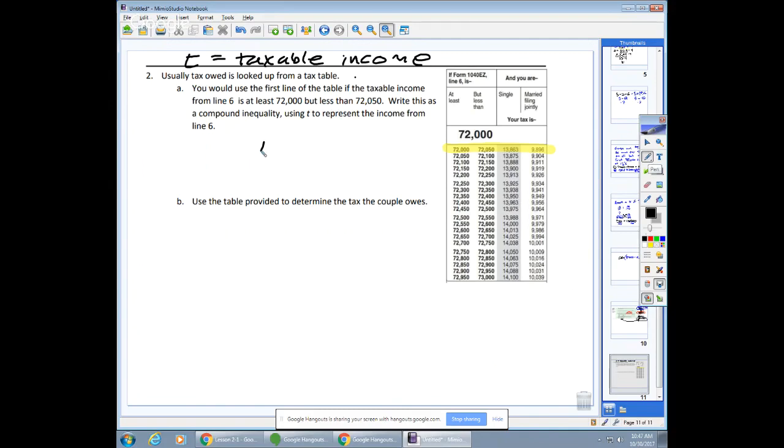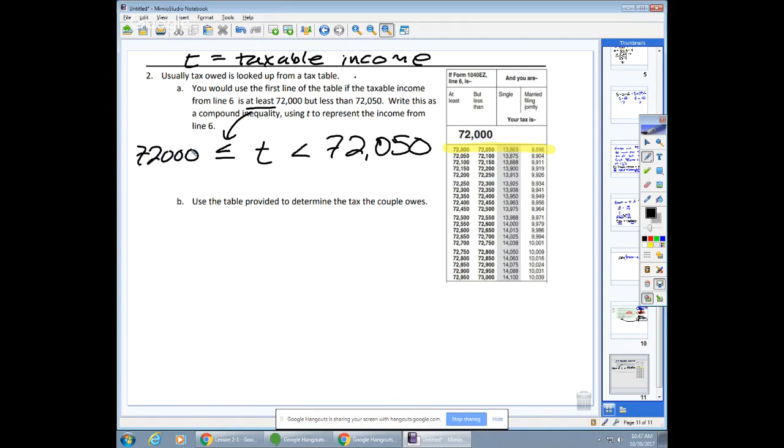We can use that top line if T is less than 72,050, but greater than or equal to, which is how you interpret at least, 72,000.